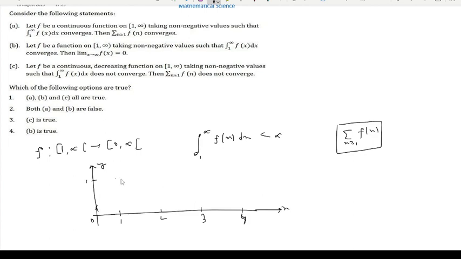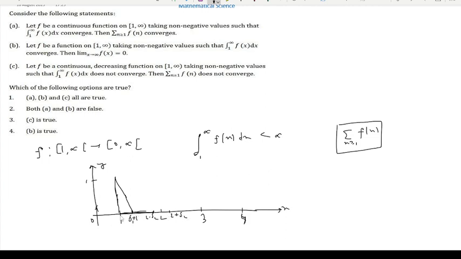Just only see the figure of the function. If we can construct a function like this, say this point is delta 1, this is 1 plus delta 1. So this distance is delta 1, this distance is delta 1. From here, take say 2 minus delta 2, and this point 2 plus delta 2.